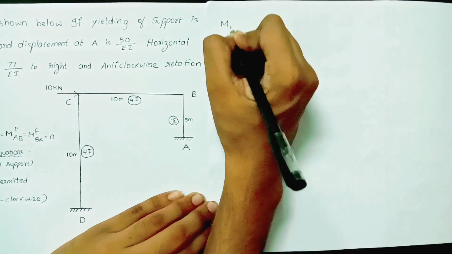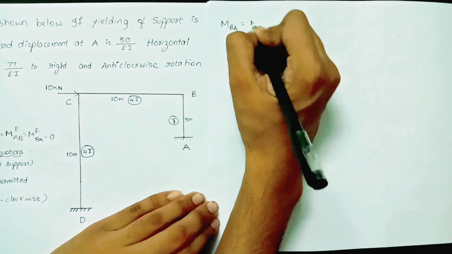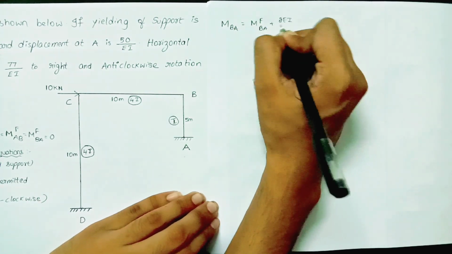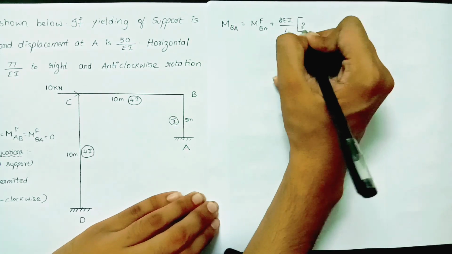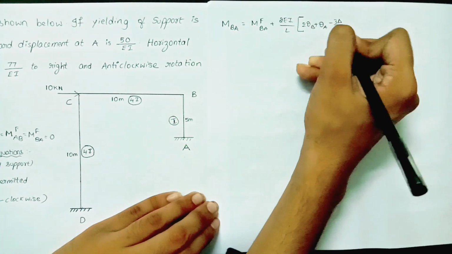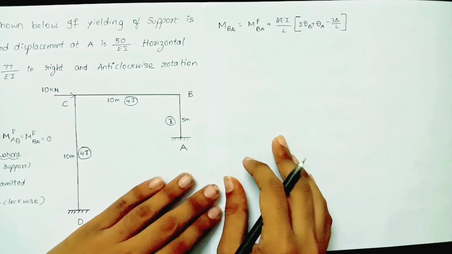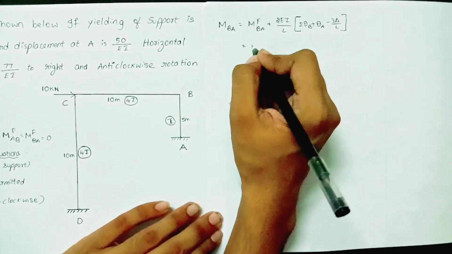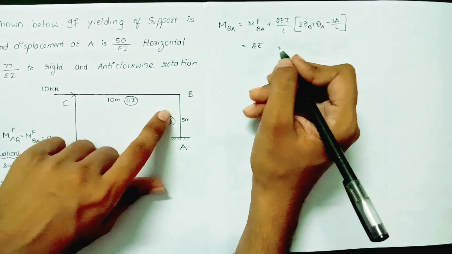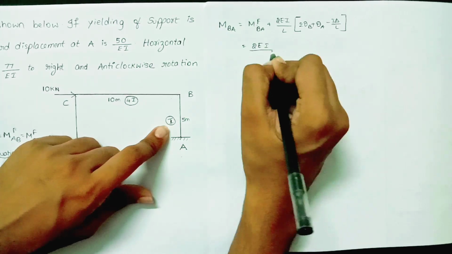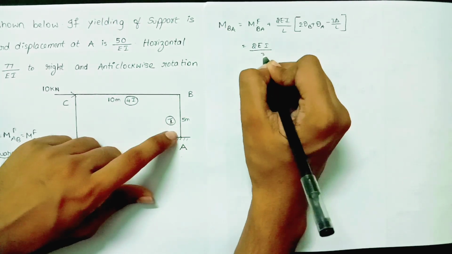Now write for MBA. MBA equal to MFBA plus 2EI by L into 2 theta B plus theta A minus 3 delta by L. So this is the slope deflection equation. This value is equal to 0. 2E, I value for the member BA is same, I only, no change, and the length is given as 5 meters.